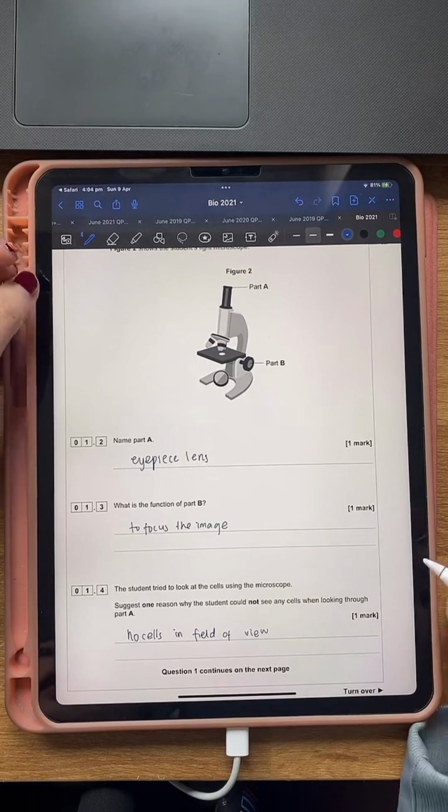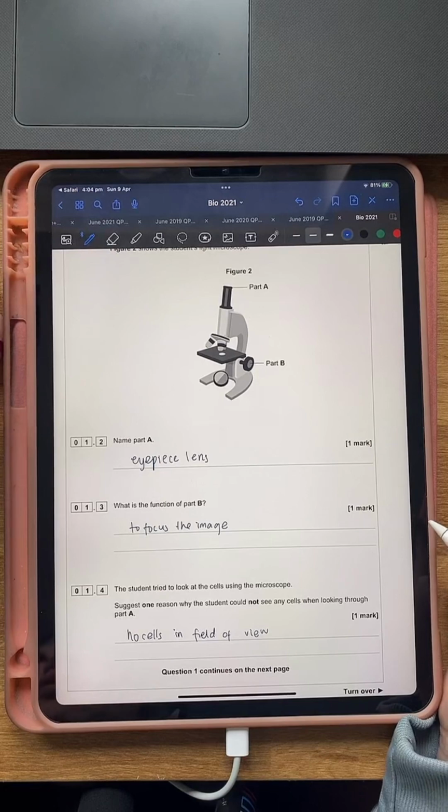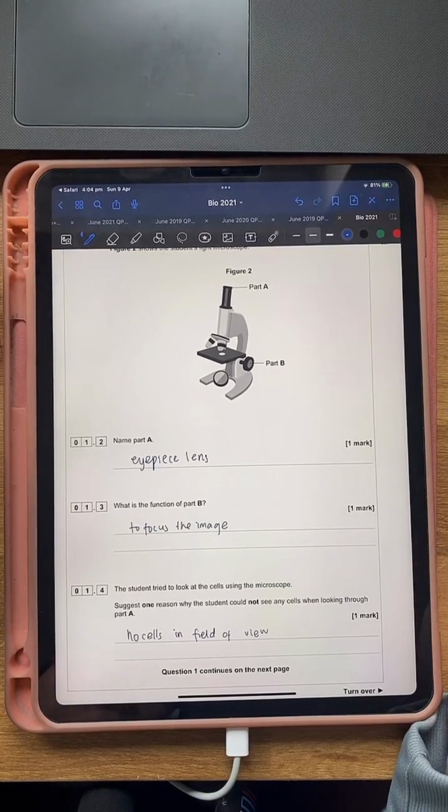That's right, you can say that. You can say microscope is not focused, lens is dirty, mirror not in correct position, no cells in field of view, that's right. Bubbles in slides, yeah, you could possibly say that. You could say air bubbles, looking at air bubbles, that's fine, yeah.